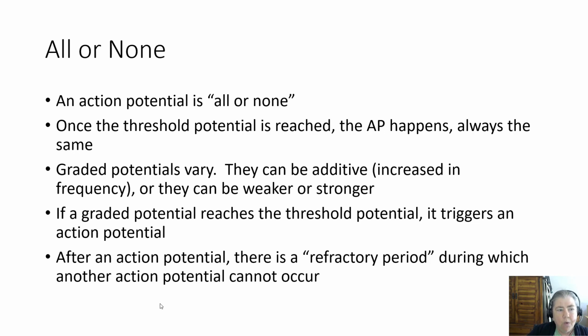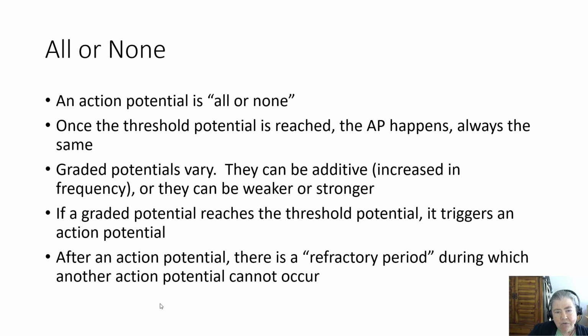It's 0 or 1. Once the threshold potential is reached, you're always going to get an action potential, and it's always the same strength. The graded potentials that help us to reach threshold vary, but they don't trigger the action potential until you get to threshold.